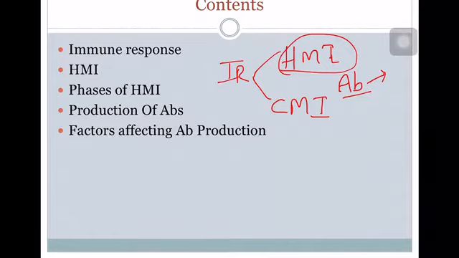Whereas the cell mediated immunity is mediated by the cells of the immune system, particularly the T cells.